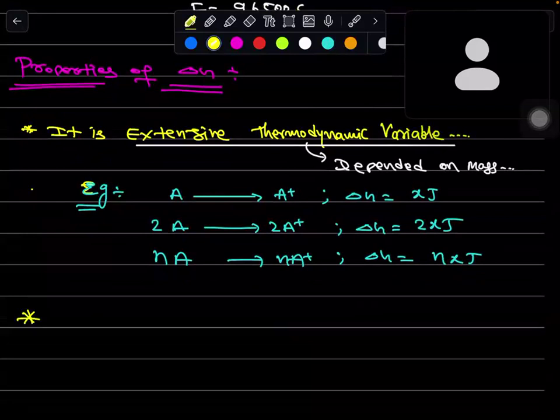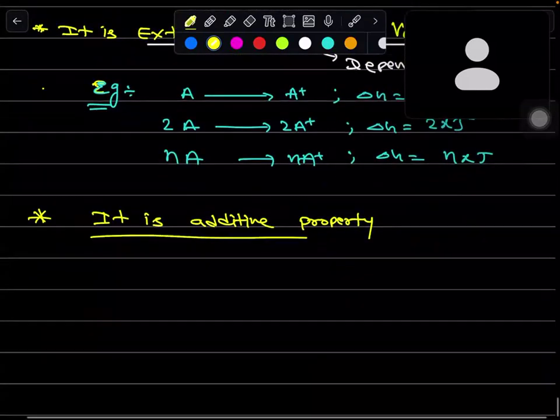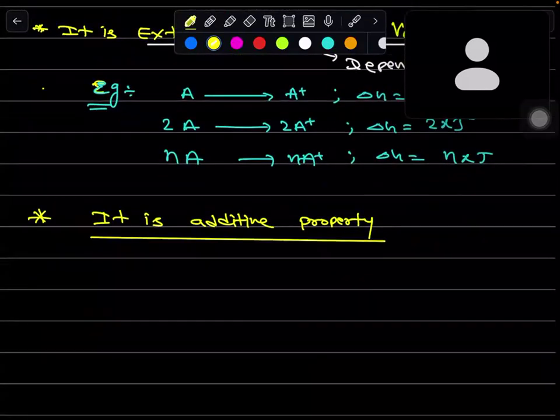Next one, second property: it is an additive property. So what is meant by additive property? Look, A becoming A plus, del G1 is x joule, as we just discussed.